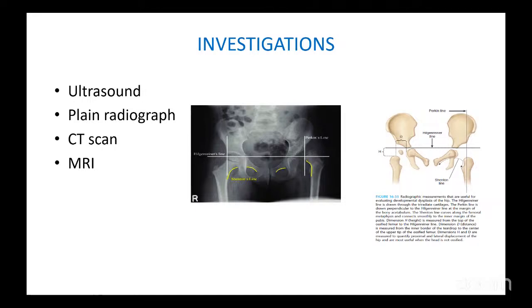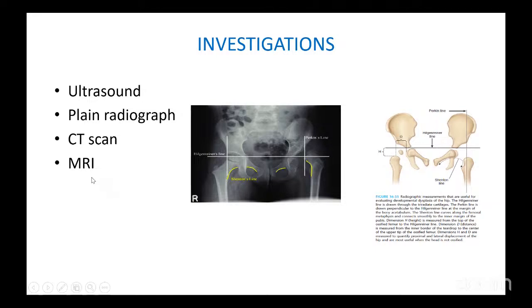So the femoral head and neck usually lie in the inferior and medial quadrant. But here it is abnormal in position. And another indirect evidence is that Shenton's line is broken. Another one is CT scan and another one is MRI scan.